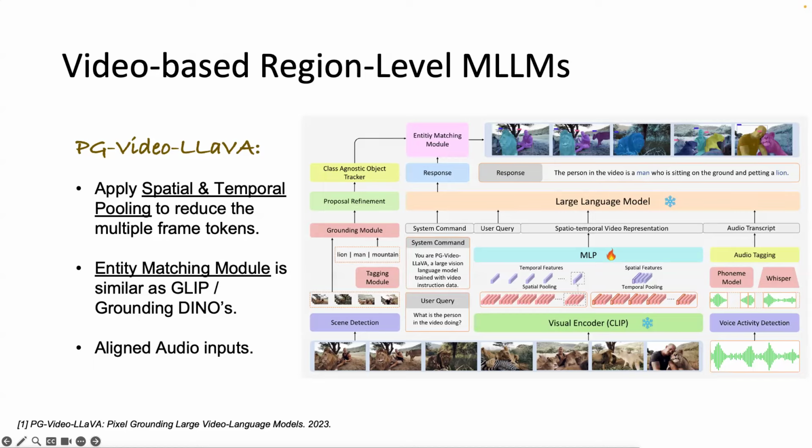Afterward, when generating the embeddings, they also have entity matching modules, which are very similar to GLIP and Grounding DINO, where they extract the tokens and the features and try to match them together. Another thing they did is that because video always comes with audio, they also have aligned audio inputs as well.